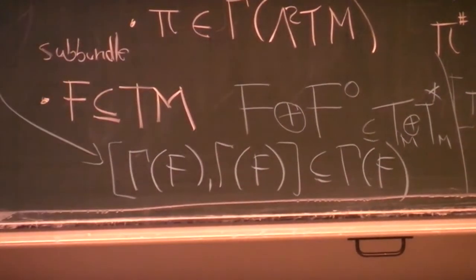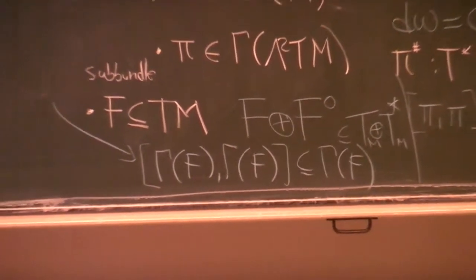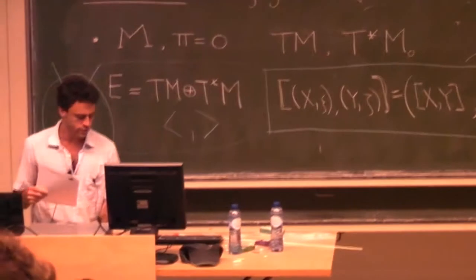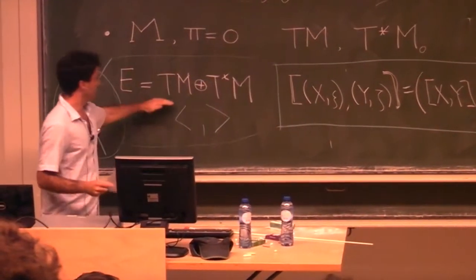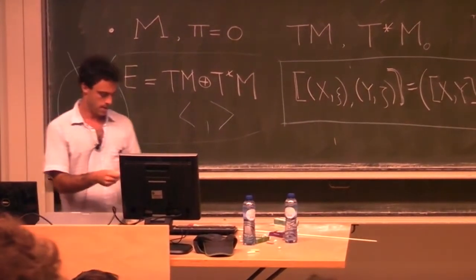So it's tangent to a foliation. Okay, so these are all natural kinds of geometries that appear as Lagrangian subbundles of this particular Courant algebroid.